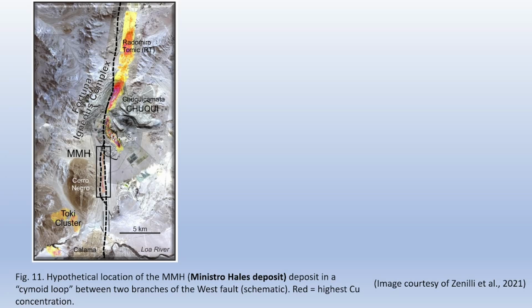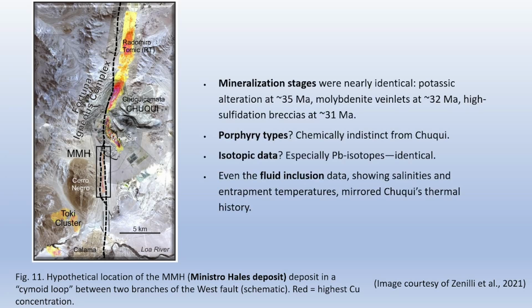And then the sigmoid loop trap has been suggested, that MMH was not displaced the full 35 kilometers away like expected.